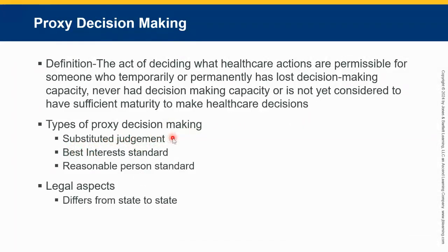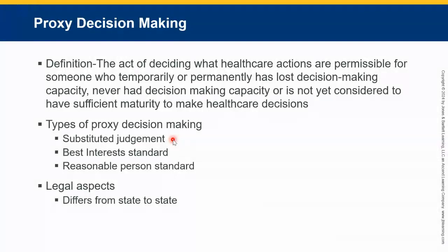It's based on the principle of autonomy and aims to reproduce as nearly as possible what an incapacitated person's wishes would have been, what your mom's wishes would have been if she were able to make her own decisions.